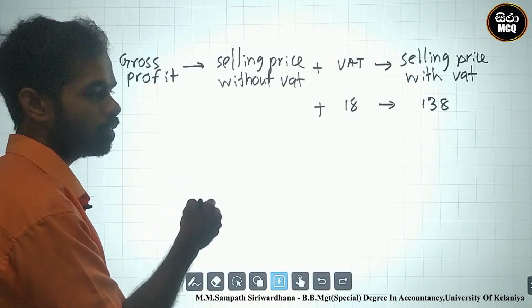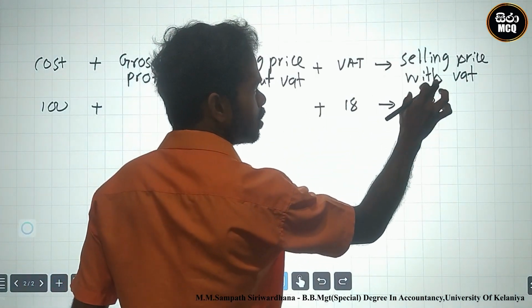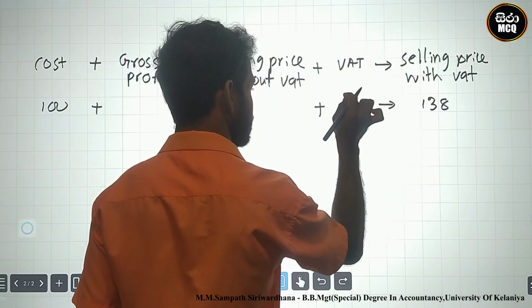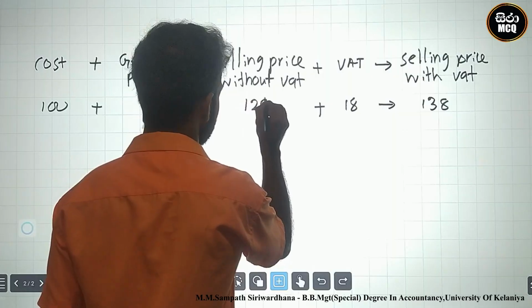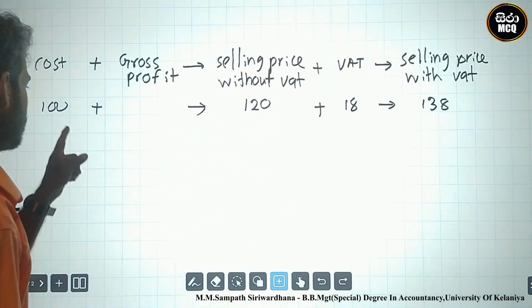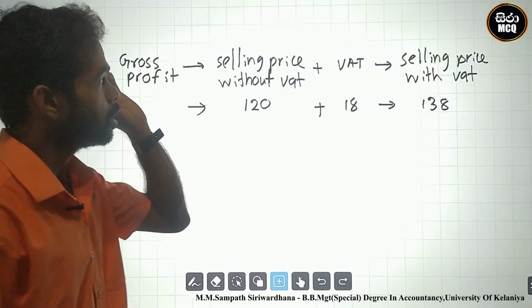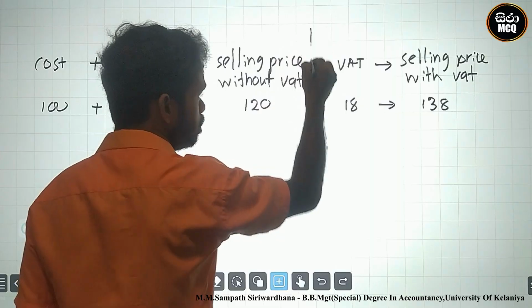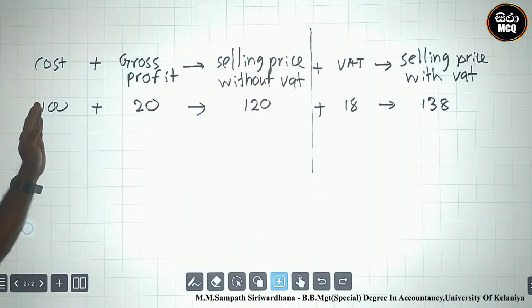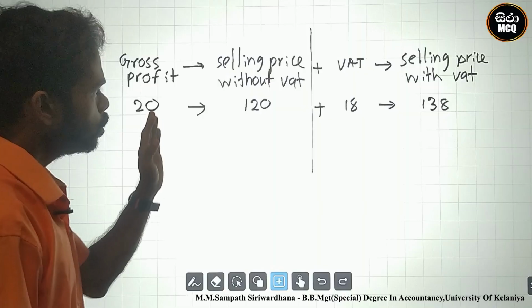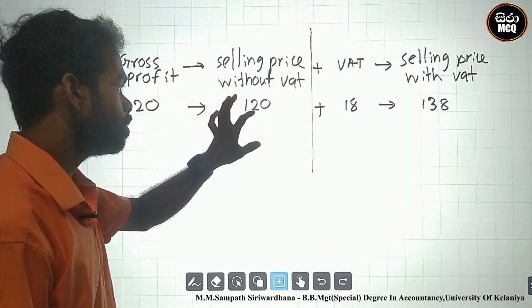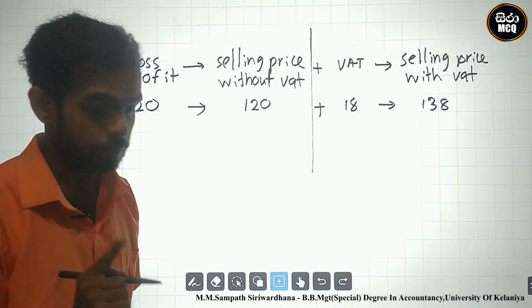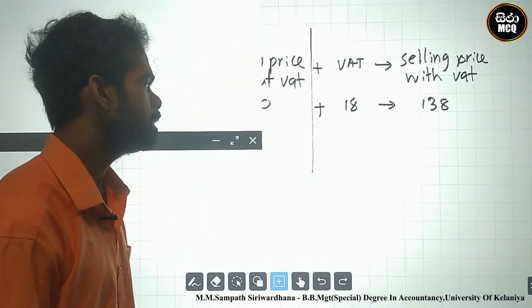What is the selling price without VAT? The selling price with VAT, we can say 138 minus 18, 120. What is the gross profit, the gap between 100 and the selling price without VAT? This is 20. Firstly, I identify the impact up to this point. Cost of goods sold 100, the selling price is 120. The gross profit is 20 on a credit basis.